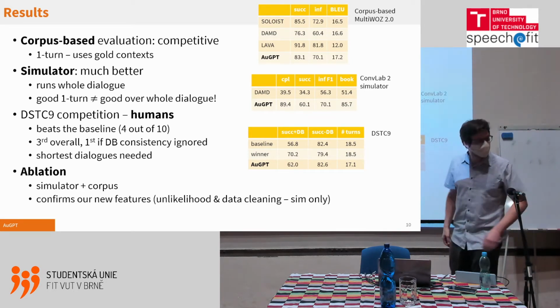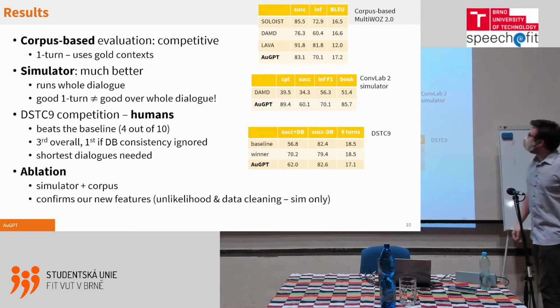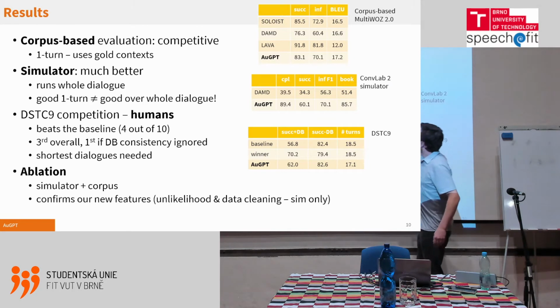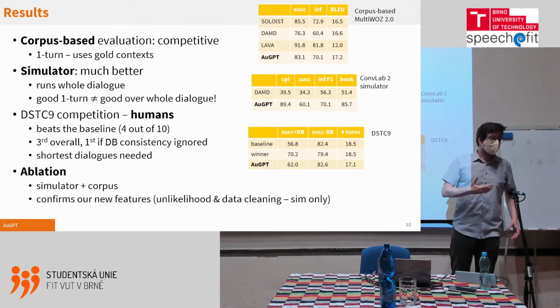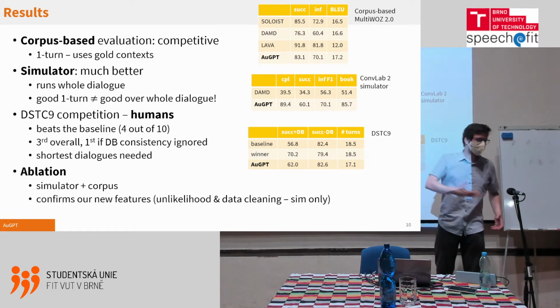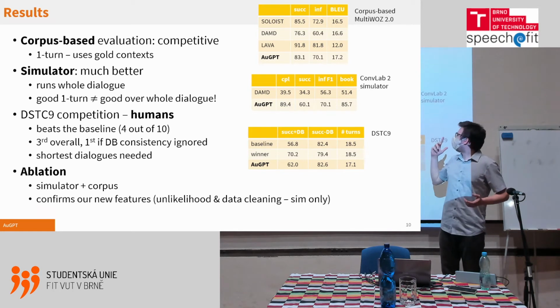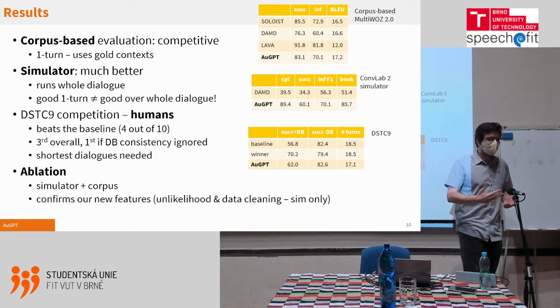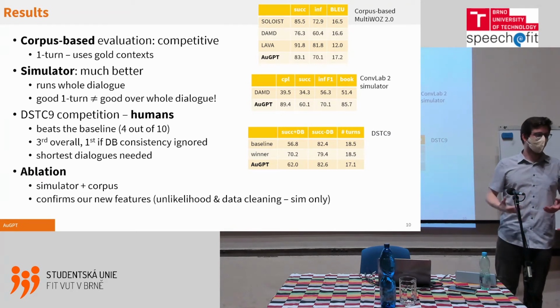Can you maybe comment still on the results of the previous table, or just what the metrics are? Oh, okay, yeah. This is basically the complete rate, which means how often you even get to providing some kind of entity. The success rate is, for example, you provide a restaurant and you're able to also provide everything that the user asked about it. For example, the user asks for a phone number and you actually provided the phone number.